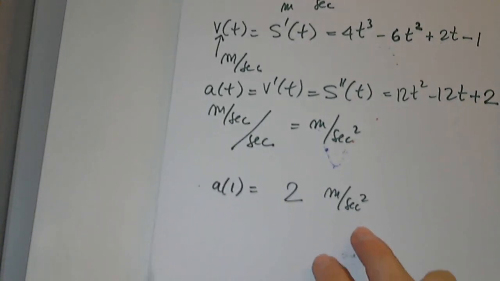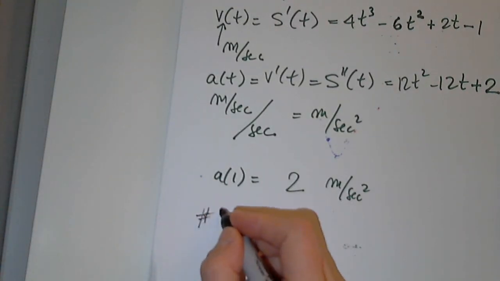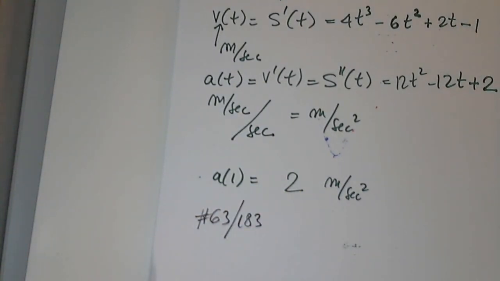Okay, let's take a look at one more and then we can continue, I hope, unless you want to work on more problems. 63. Let's read it together on 183. And let's see what we're asked to do. Find a second degree polynomial p such that p evaluated at 2 is 5, p prime evaluated at 2 is 3, and p double prime evaluated at 2 is 2.